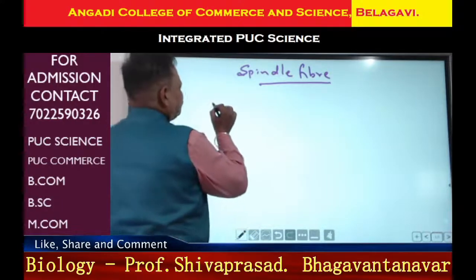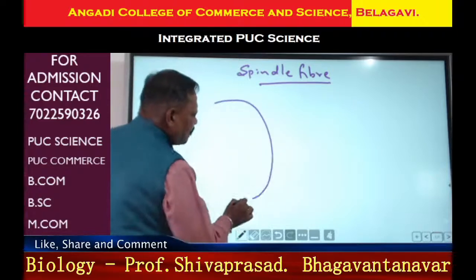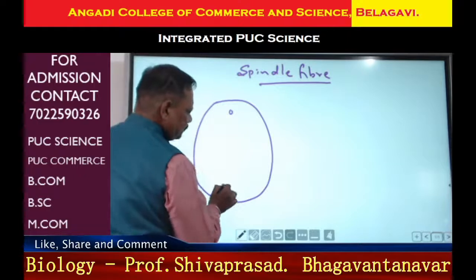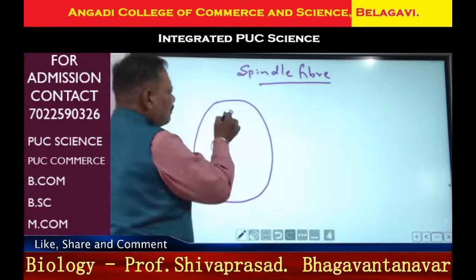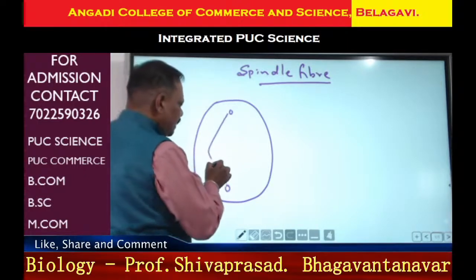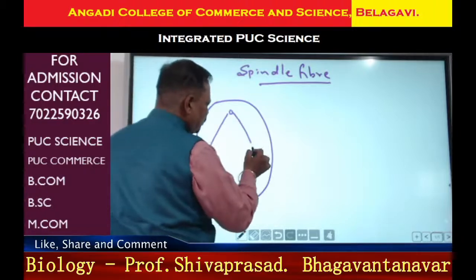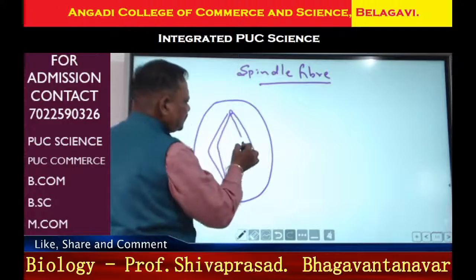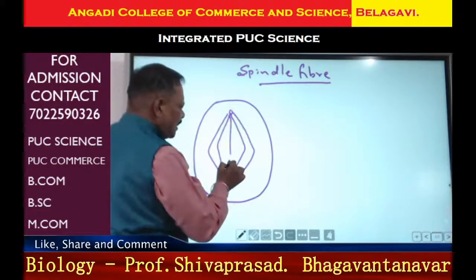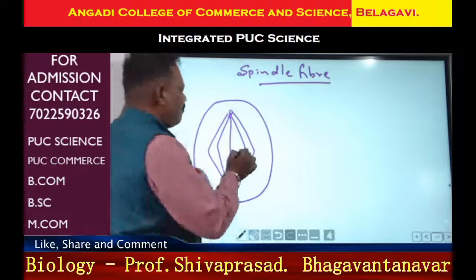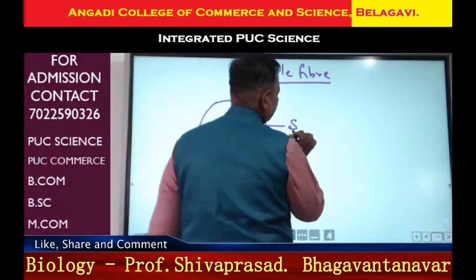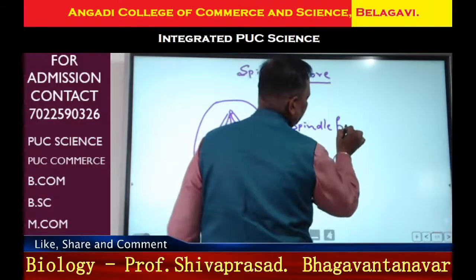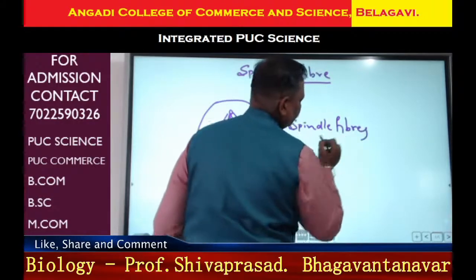So here, during the late prophase, these are the centrioles. Here, they are forming a fiber structure, and these fibrous structures, we are calling them as spindle fibers.